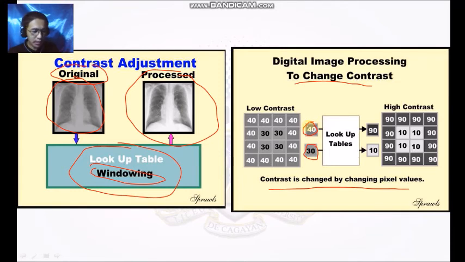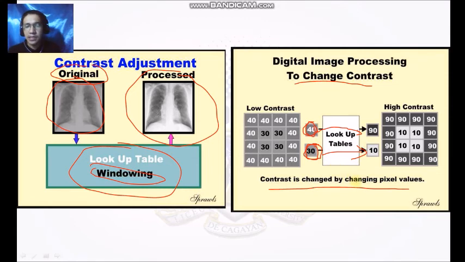Similar to coding a computer, you can put commands on the computer system in which if the value is equal to this, then adjust it automatically to this value. Like for example, if the pixel value is at 40, then adjust it to 90. If the pixel value is at 30, then adjust it to 10.